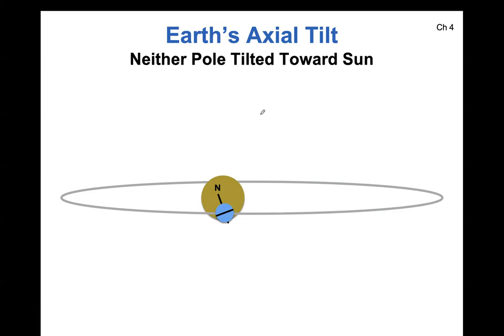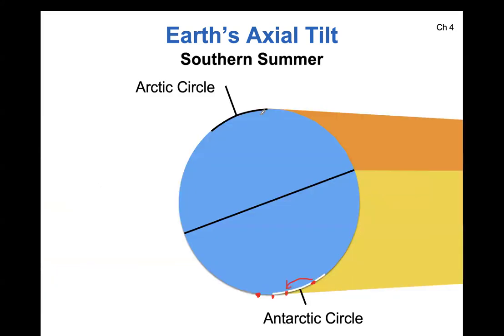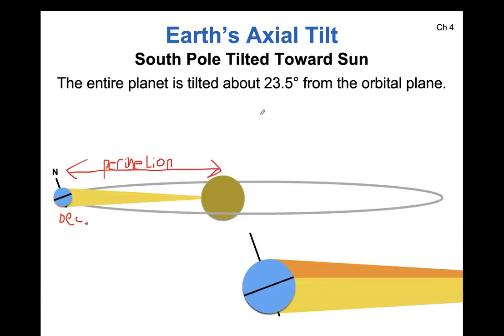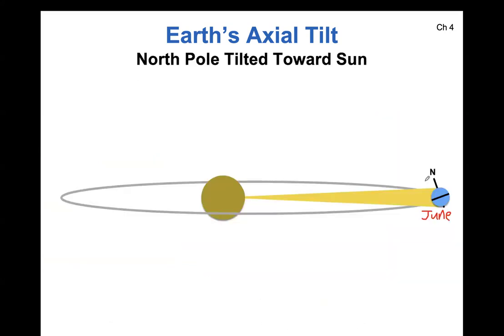Let's consider two other key points in Earth's orbit, which are when the tilt doesn't matter. I'm just going to highlight something that I haven't yet, although I've said it many times in the past: the axial tilt of the planet remains fixed relative to distant stars, not relative to the sun. So if you look at the screen, the tilt of the planet is always towards the left of the screen.